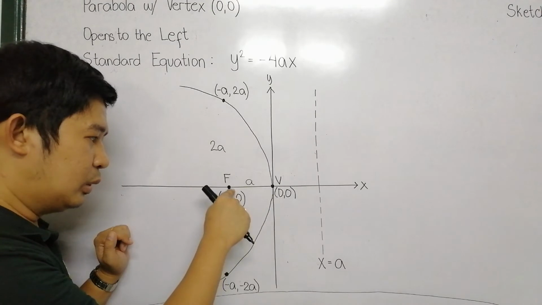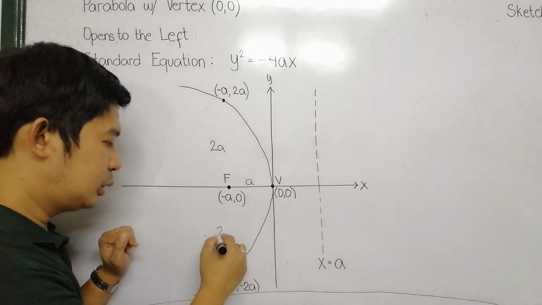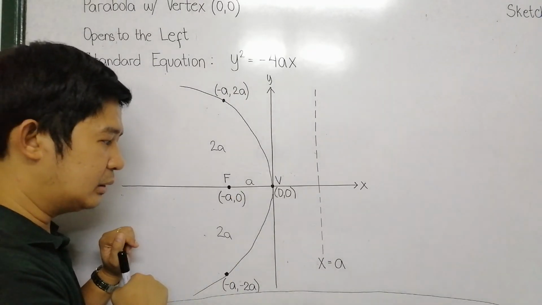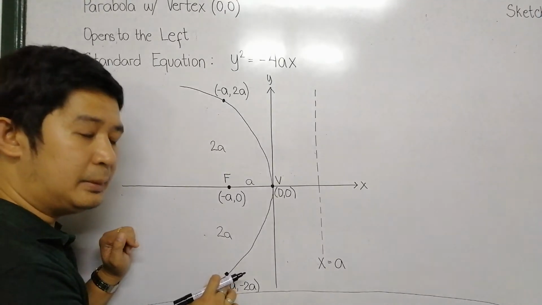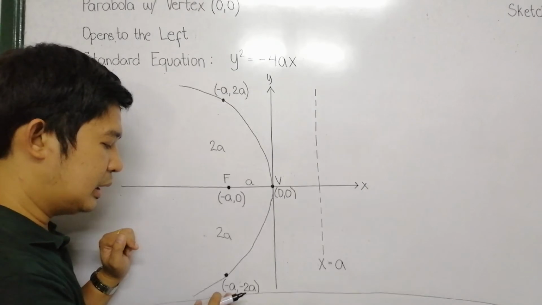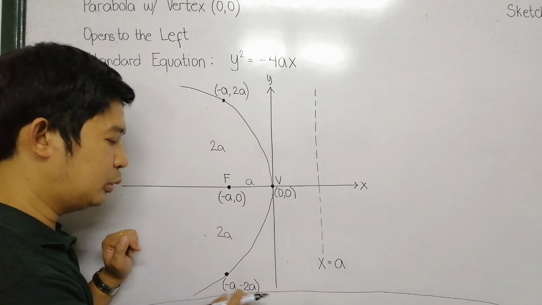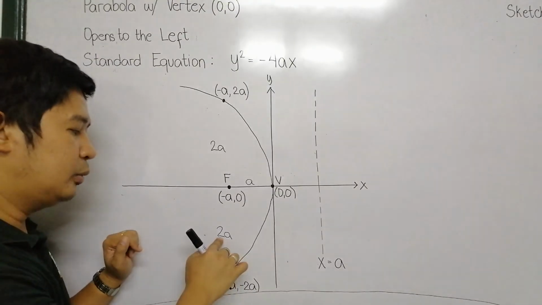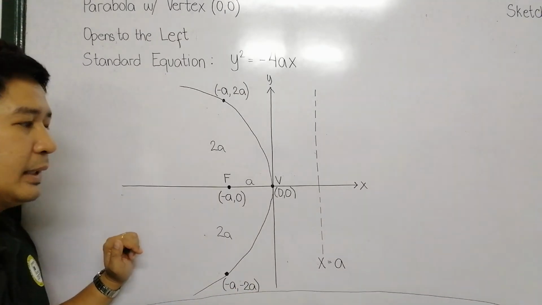So, it will move from focus to this point by 2a units vertically downward. So, this time, the coordinates of our endpoint of the latus rectum down here will be negative a, negative 2a. Negative 2a because we moved vertically downward with 2a units. That is why it is negative.